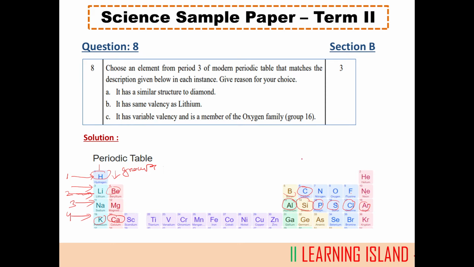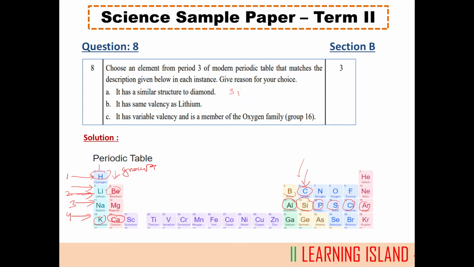All the elements present in one group have similar structure and the same characteristics. So here the element with similar characteristics to carbon will be silicon. So the first answer will be silicon. And the second question: it has the same valency as lithium.